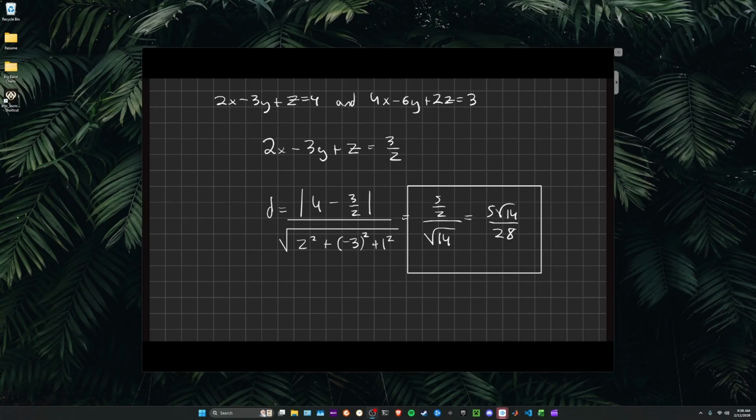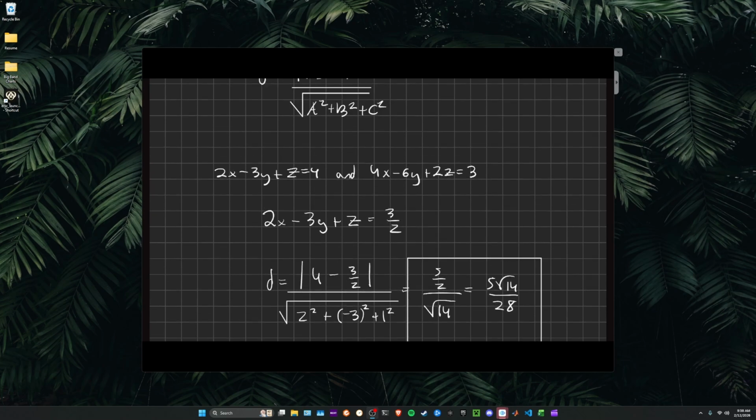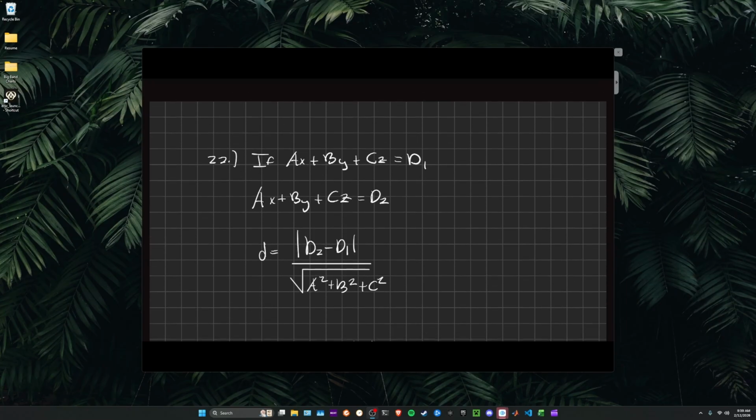Okay. Now try and do the same on your own for 74, but this time we're given the planes 6z equals 4y minus 2x and 9z equals 1 minus 3x plus 6y. So the hint I will give you is that you should try to rewrite it to look more like the form up here.